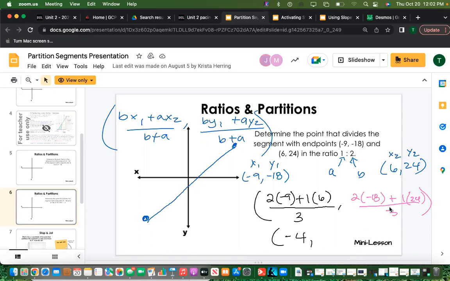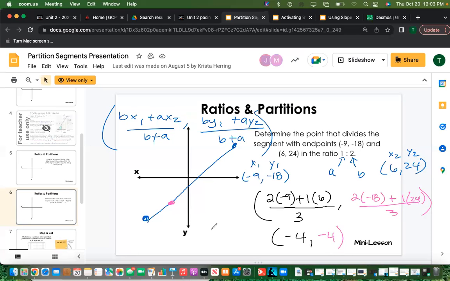Now the y: 2 times -18 is going to give me -36. -36 plus 24 is what? -12. -12 divided by 3 is -4, which is right in here somewhere. Does that make sense? Yes.